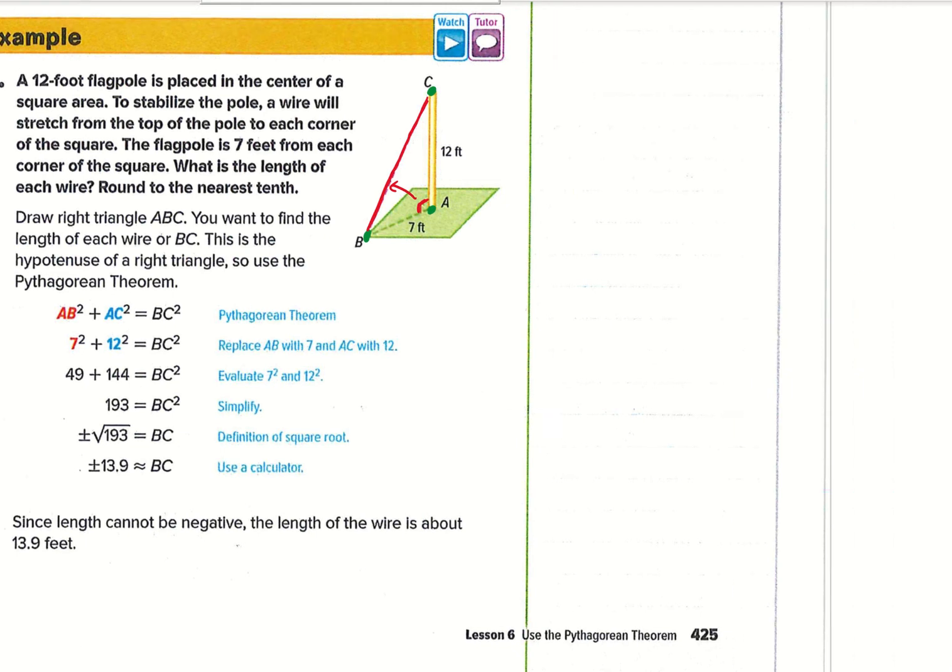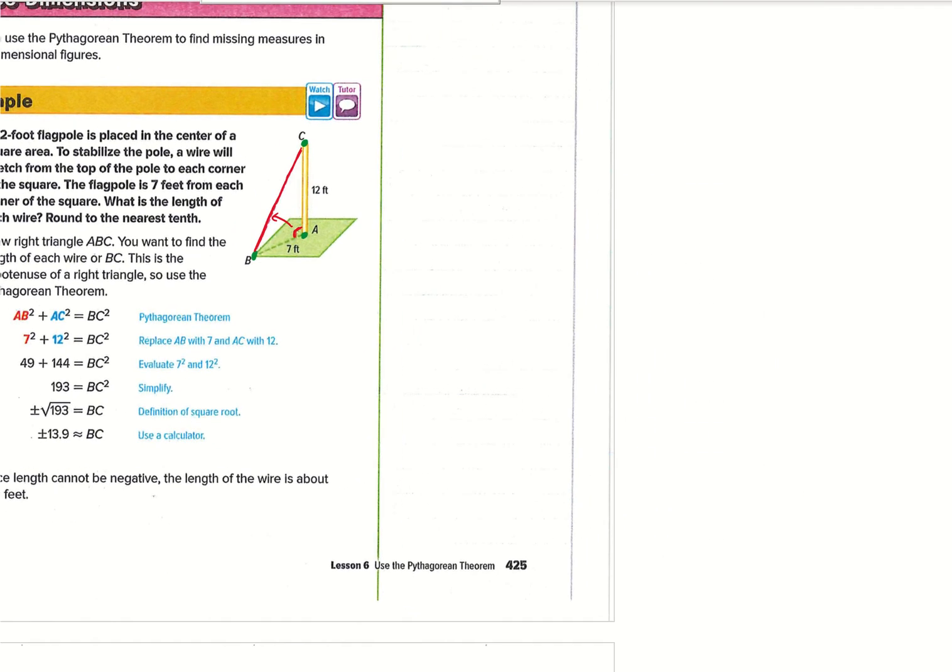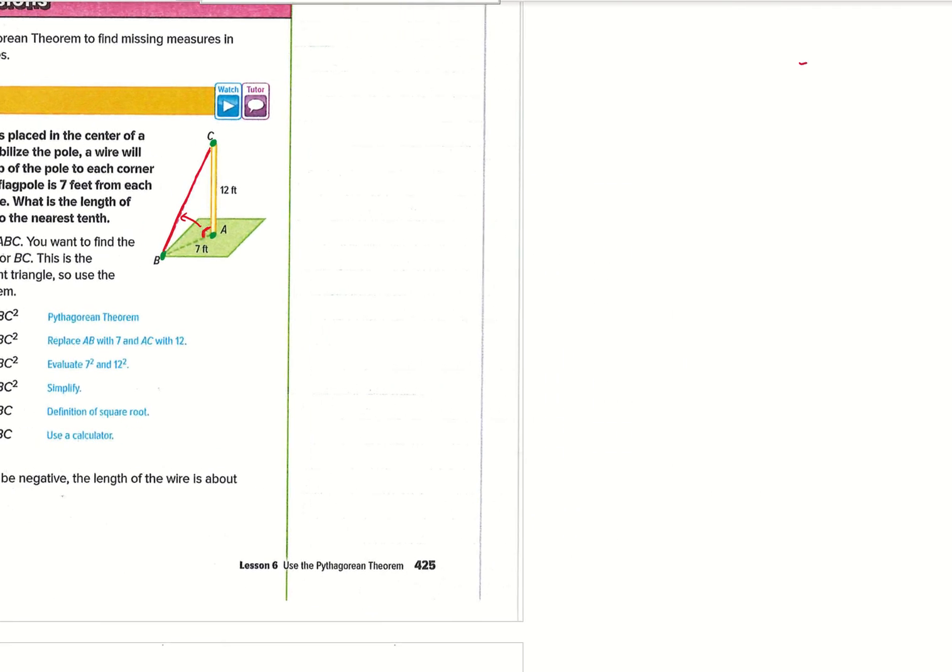So that means if the hypotenuse is side BC, we don't need the parentheses. I'm going to rewrite that, sorry. So we have BC squared, and then we've also got the other two sides, AC and AB.